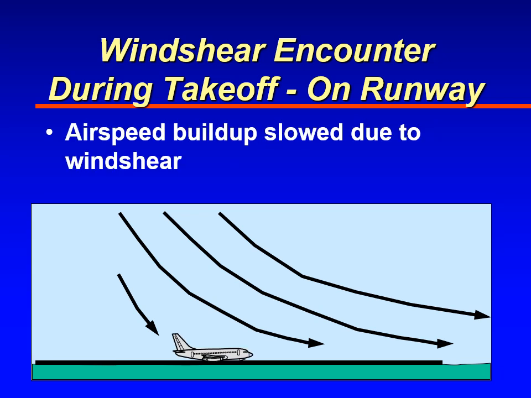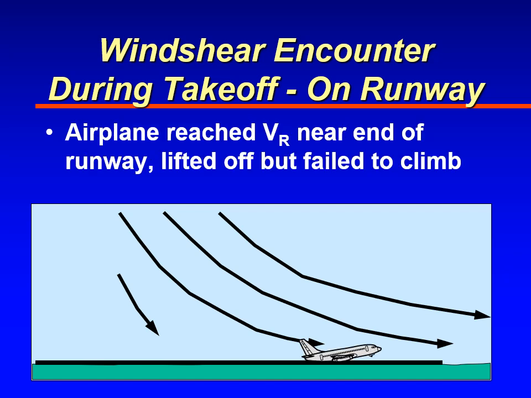Their airspeed looks normal during the acceleration until they encounter an increasing tailwind shear. When that happens, they'll either notice a hesitation in the airspeed or the airspeed may build up more slowly. So what happens is the aircraft may never reach the rotation speed, or it may reach the rotation speed at the very end of the runway.